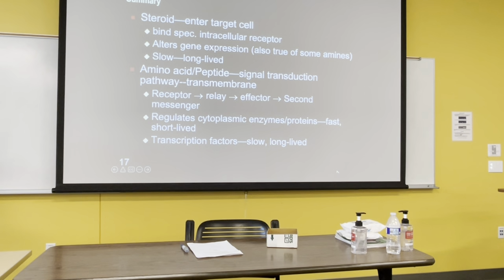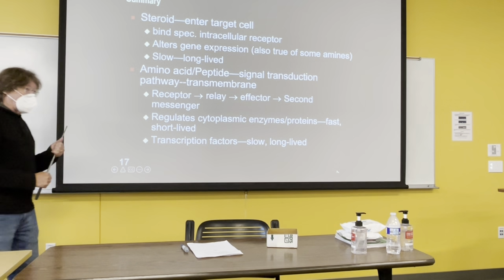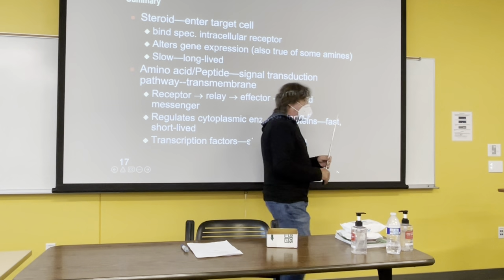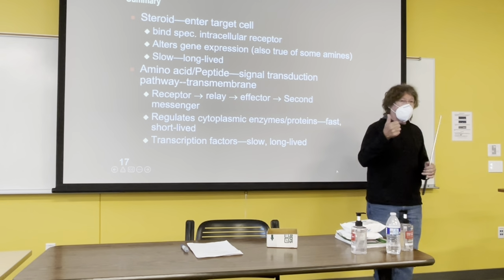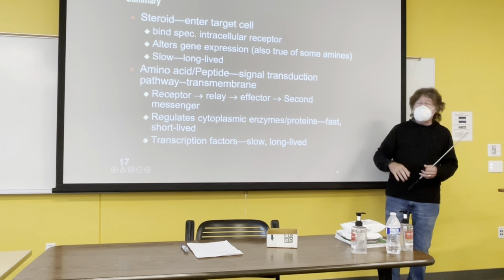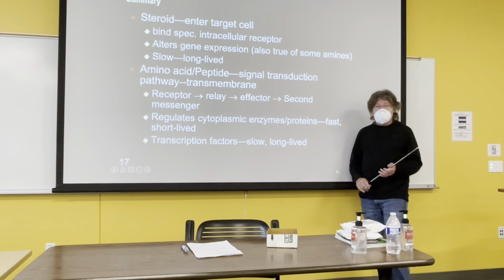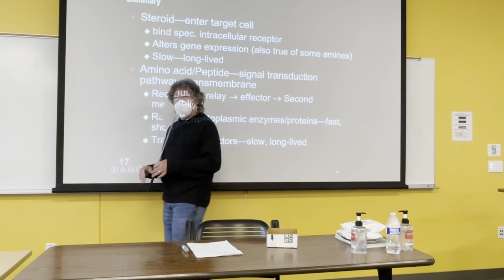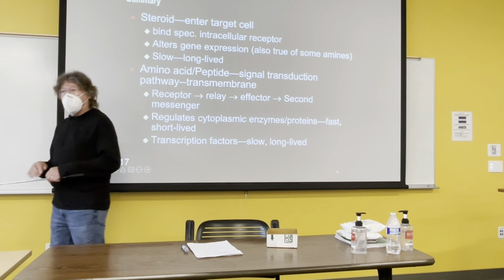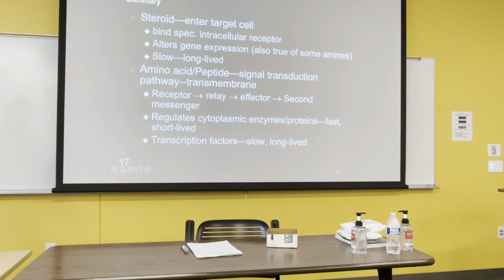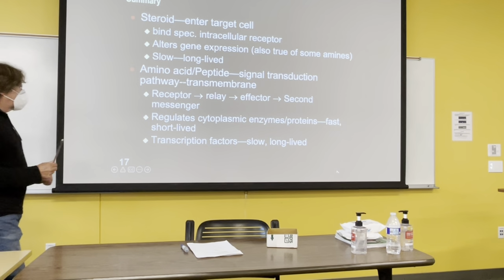They bind to either enhancers or silencers that control the activity of genes and either upregulate particular suites of genes or downregulate other suites of genes, but it changes gene expression, okay? And therefore the response is usually relatively slow, because it takes some time for transcription and translation, post-translational modification of the proteins to take place. It's not instantaneous, and therefore there's a little bit of a delay.